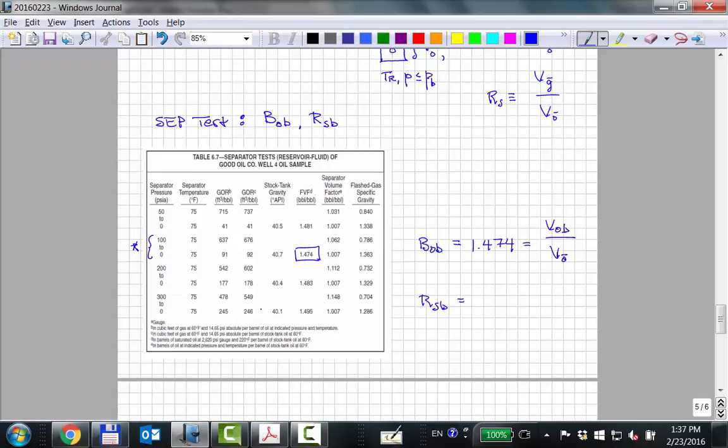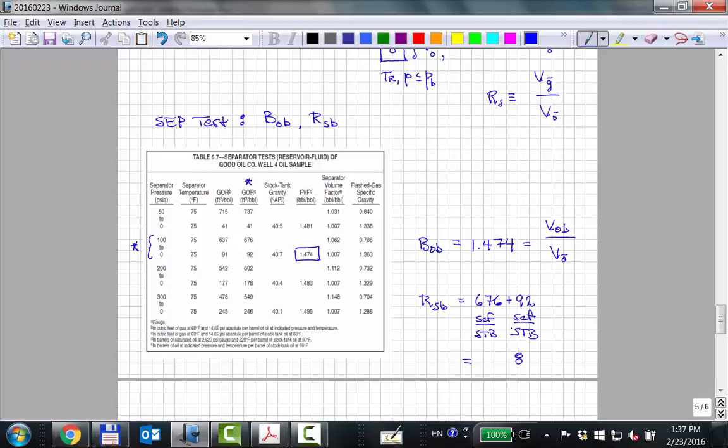That's this one here. So that would be 676 plus 92. Both of these are in standard cubic feet per stock tank barrel. So you can add them together.